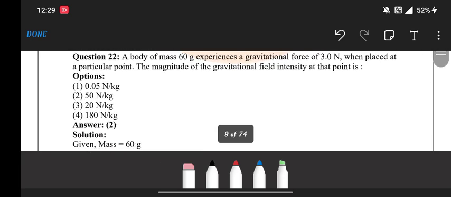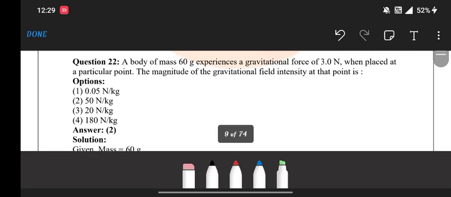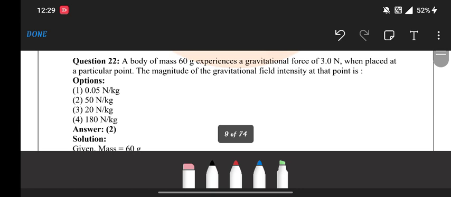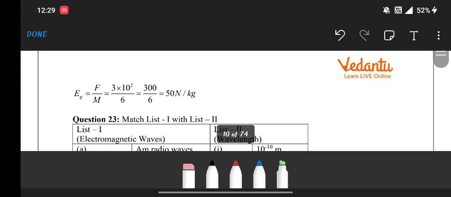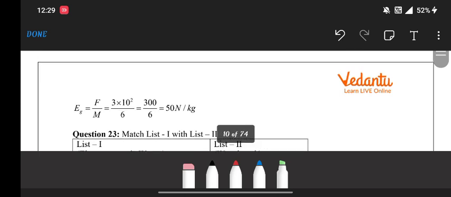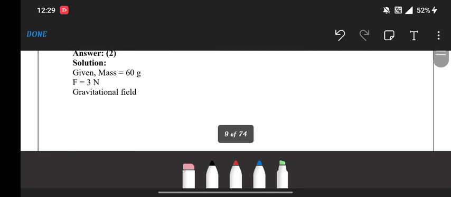They have given the mass as 60 gram, and the gravitational force is equal to 3 Newton. So the gravitational field Eg is equal to F by m, force by mass, where mass is 60 gram and force is 3 Newton.